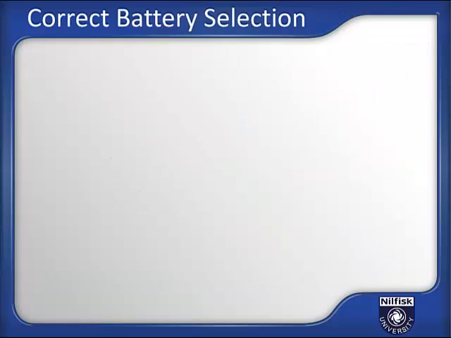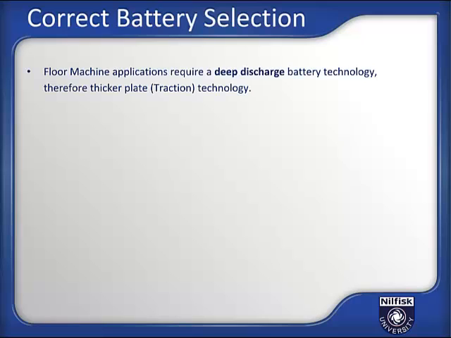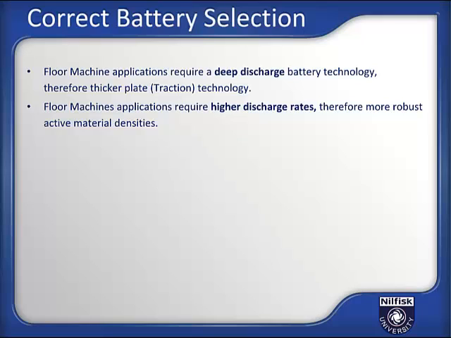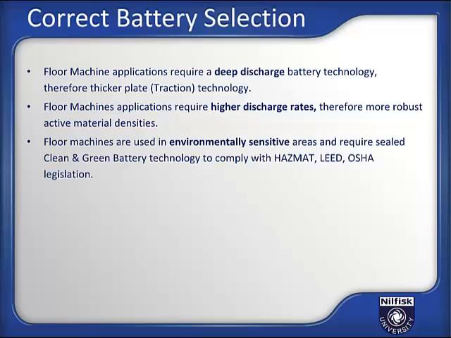So how do you ensure that you make the correct battery selection? Well, floor machine applications require a deep discharge battery technology. Therefore, a thicker plate or traction technology is required. Floor machine applications require higher discharge rates. Therefore, more robust active material densities need to be in the construction of the batteries you select.